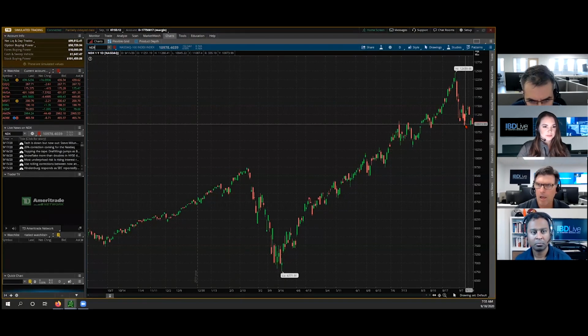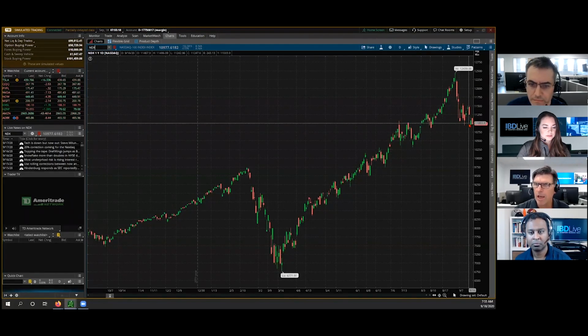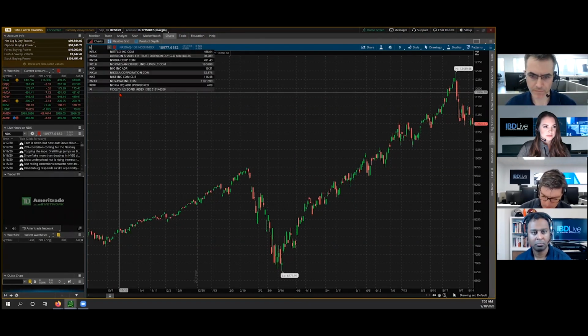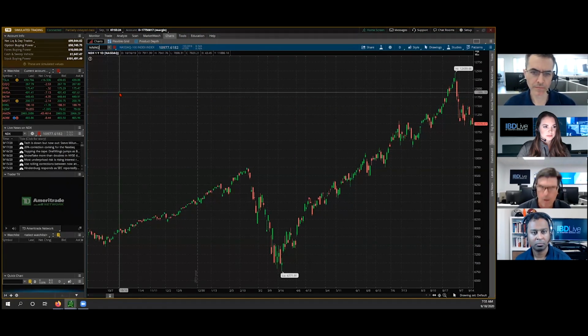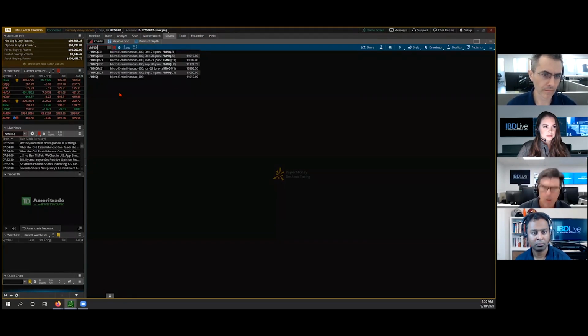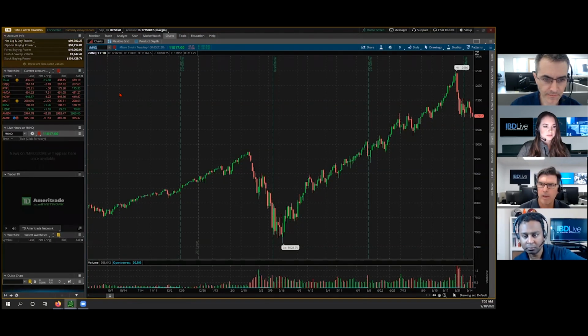If the index is right around 11,000 and you buy MNQ, you would actually be getting $22,000 of exposure to the Nasdaq. If you're shorting it, you would be short double the Nasdaq.